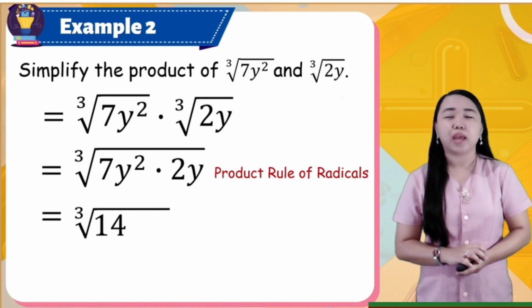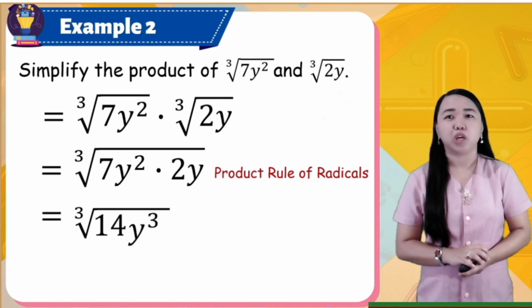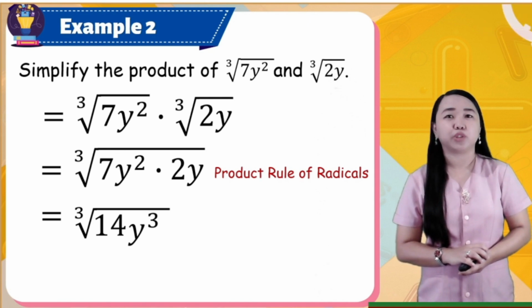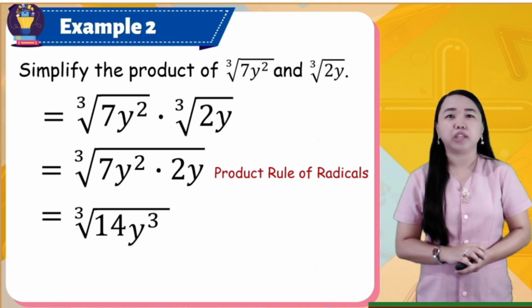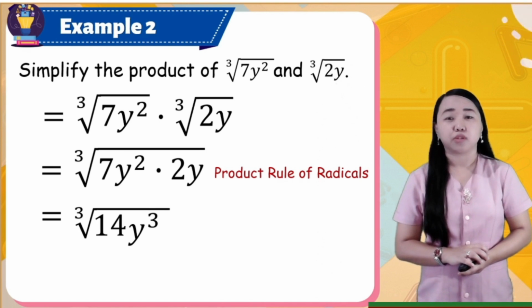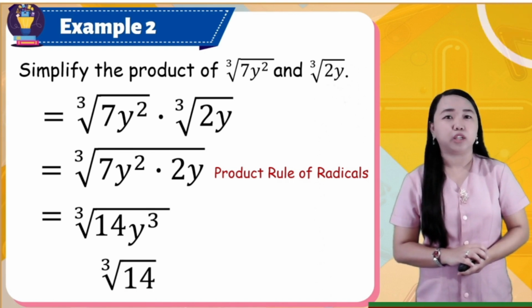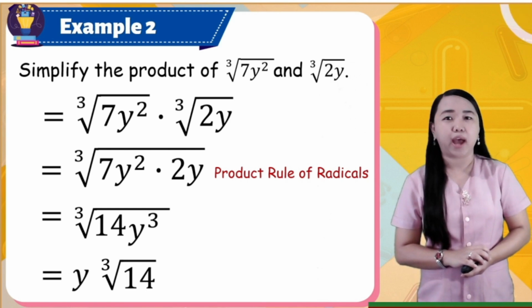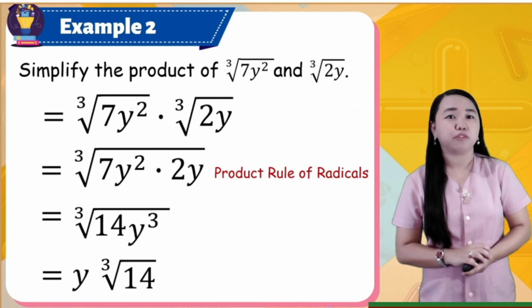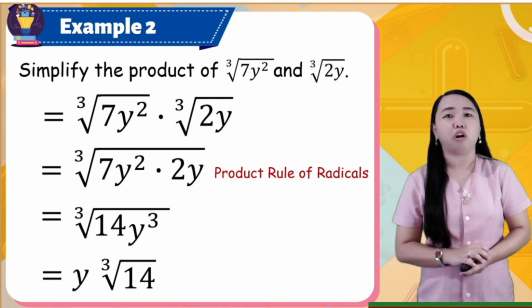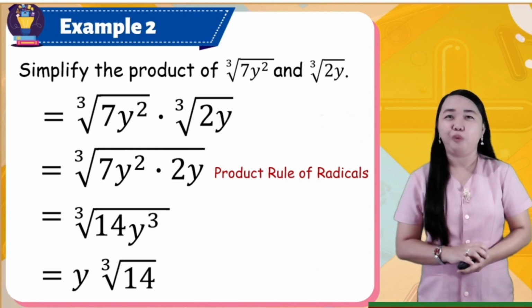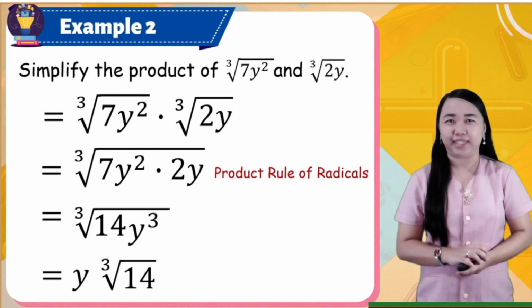Y squared times y is y cubed; we add their exponents 2 and 1 by applying the product rule in the laws of exponents. So, we have cube root of 14y cubed. Cube root of 14 is already in its simplest form, and cube root of y cubed is y. So, the simplest form is y cube root of 14.